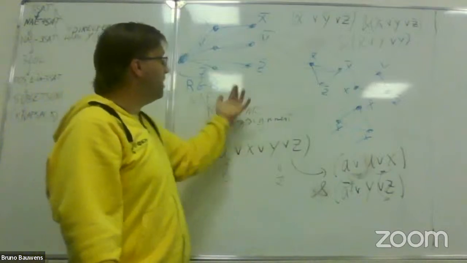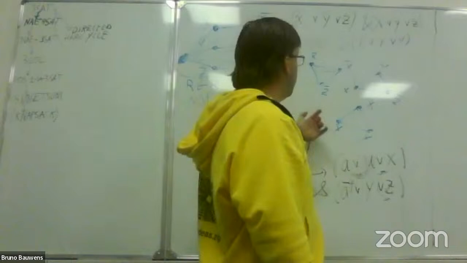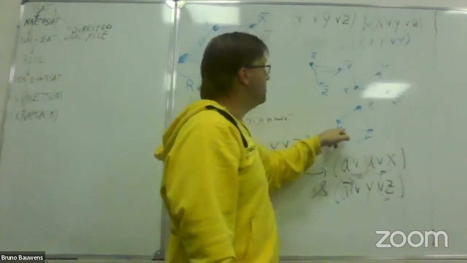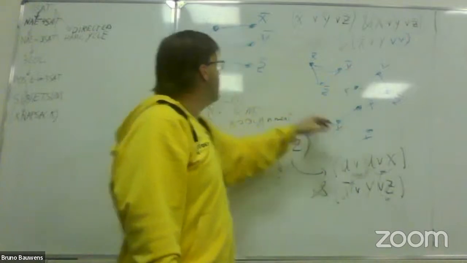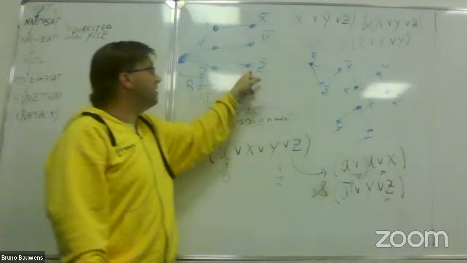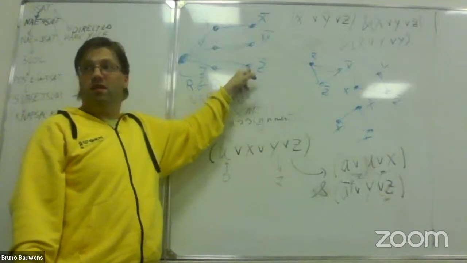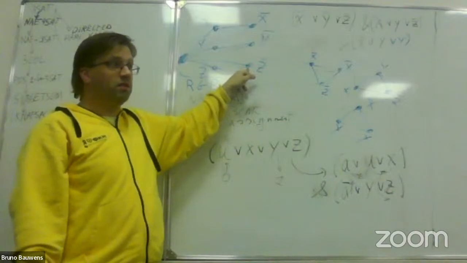So how do we read out the assignment? For this, we need to know that all appearances of Y are consistent with appearances of not Y. And this is guaranteed by the variable gadget, because every literal is connected to its opposite literal in the variable gadget.